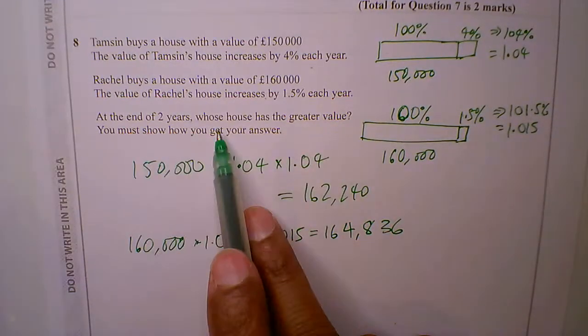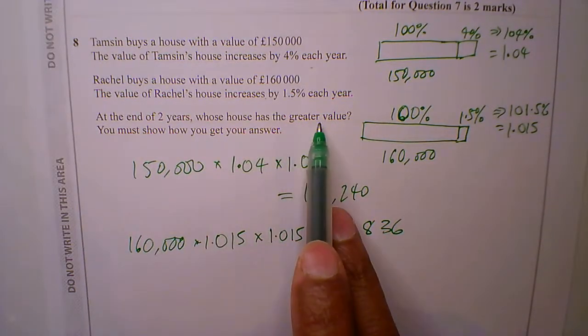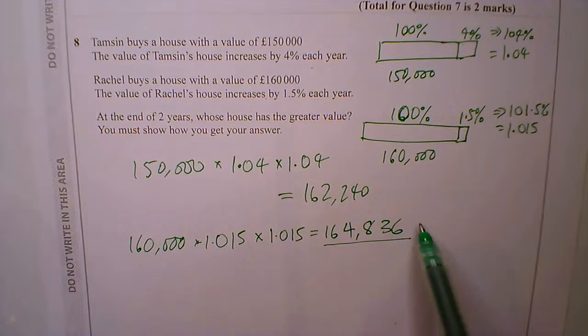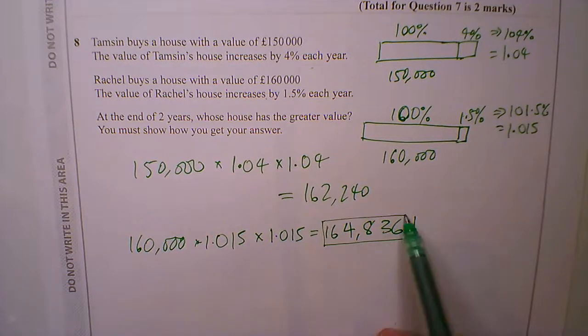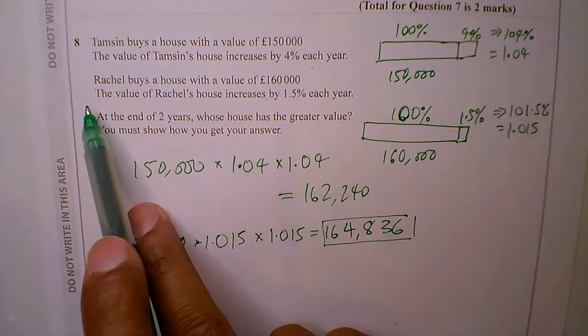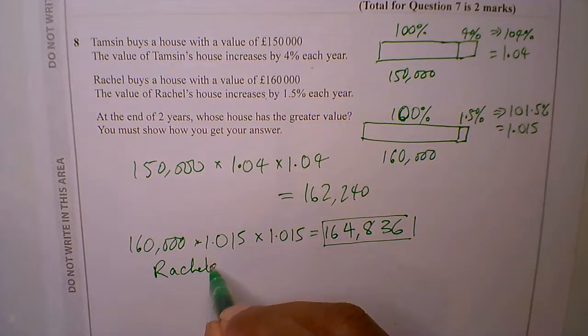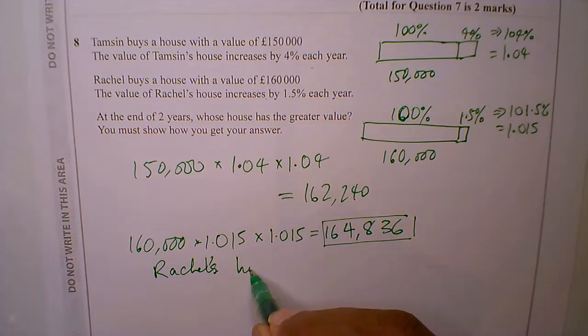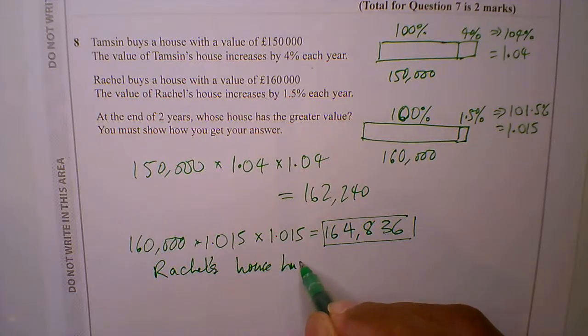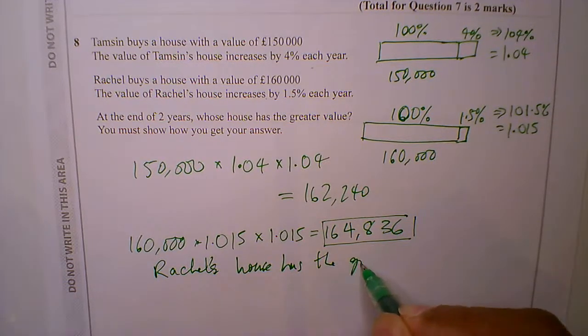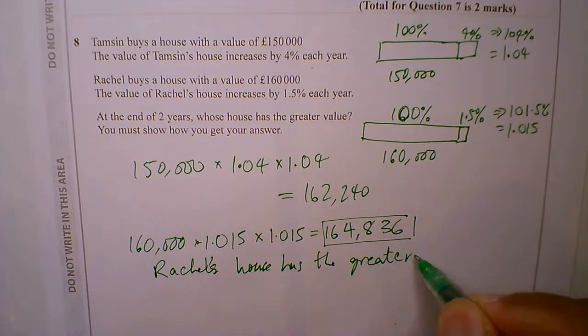So at the end, whose house has the greater value? You can see this is greater than that one, and this is Rachel. So Rachel's house has the greater value.